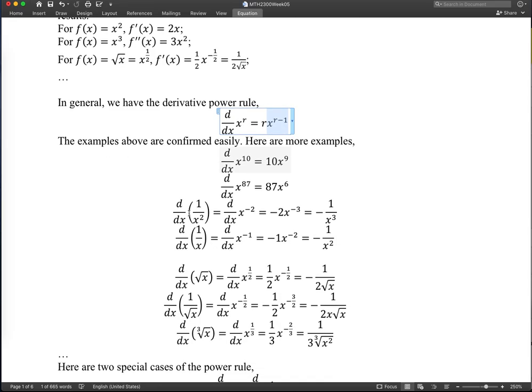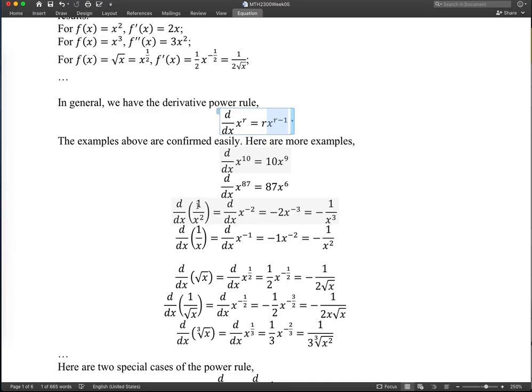So for the next example, be very careful. I am considering the derivative of 1 over x squared. You really don't want to jump to the denominator to calculate the derivative, and say that is 1 over 2x. Certainly it is not correct at all, because we just introduced the power rule. So the only way, keep in mind at this moment, to find the derivative is to use the power rule.